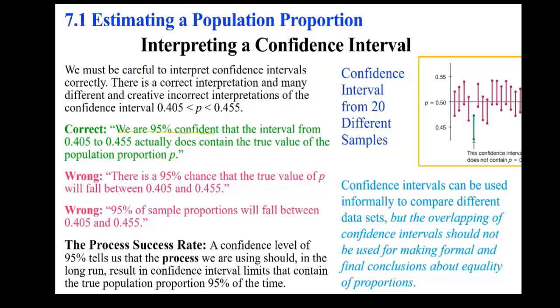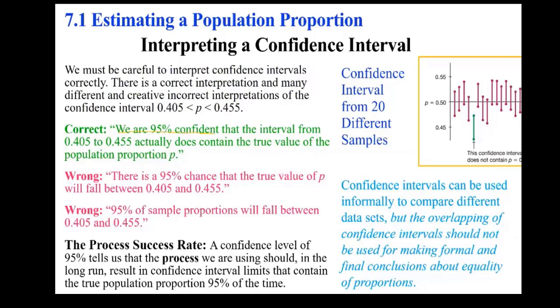According to the sample we collected, according to the calculation that we did, we are 95% confident that the interval from 0.405 to 0.455 actually does contain the true value of the population proportion. It's not the others that are written here. So get into the habit of memorizing this, and you'll be able to rewrite it.